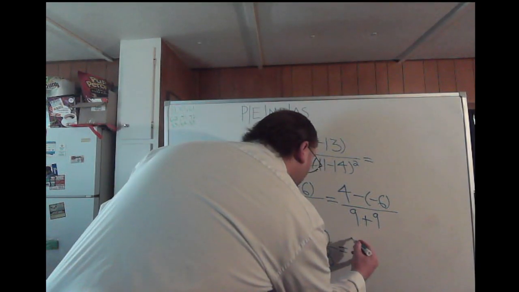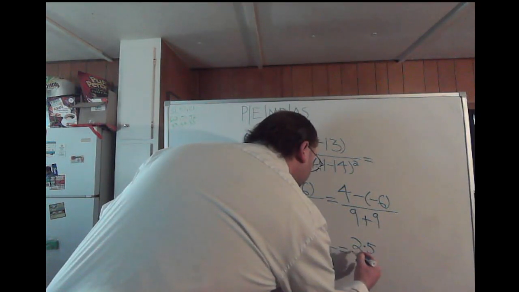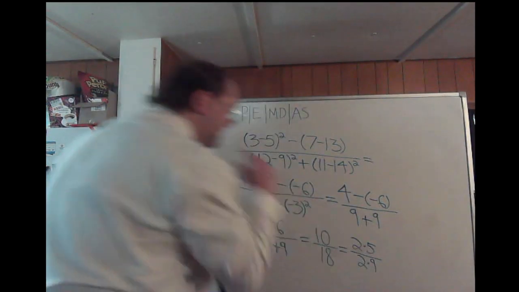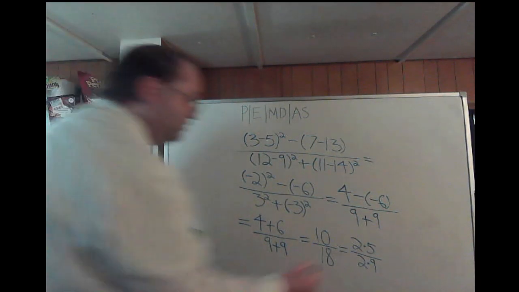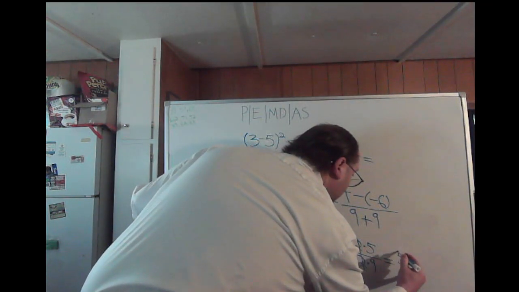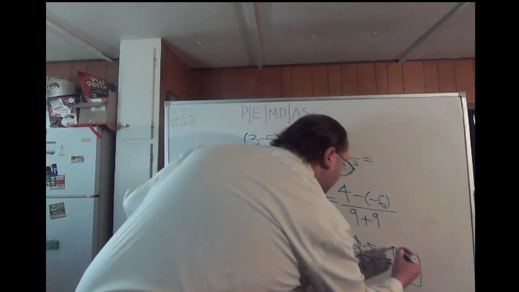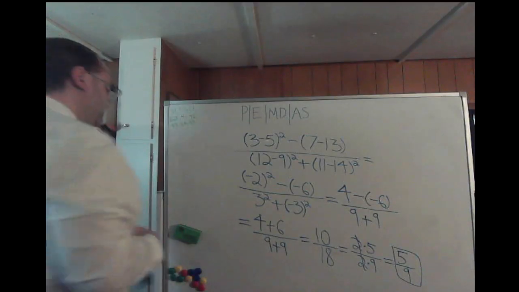So we know 2 times 5 is equal to 10, and 2 times 9 is equal to 18, right? Well, the 2's will cancel out. You're left with 5/9. So the real answer to this would be 5/9. That'd be your final result.